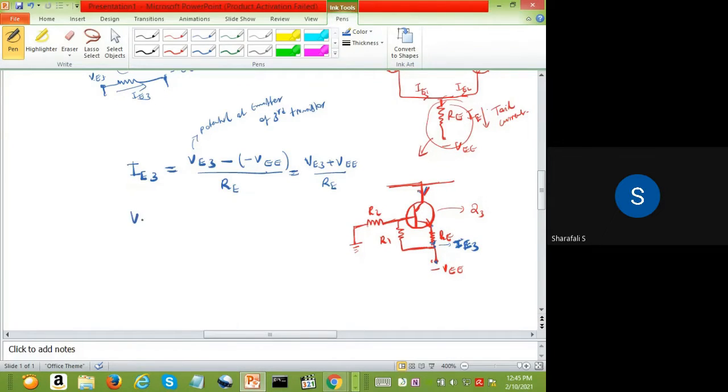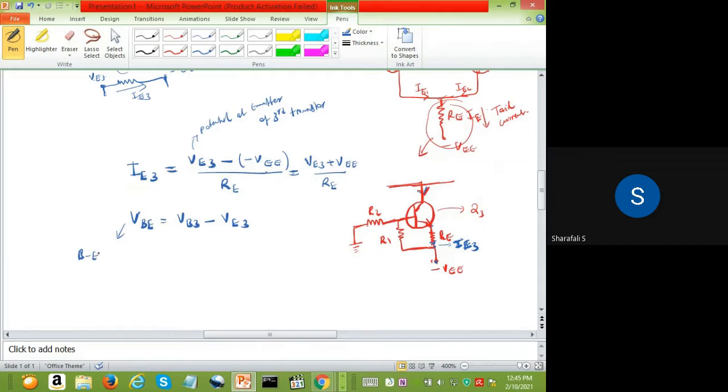Another equation is for VBE, the base-emitter voltage of this third transistor. That will be given by VB3 minus VE3. I'm talking about this base-emitter voltage of the third transistor.